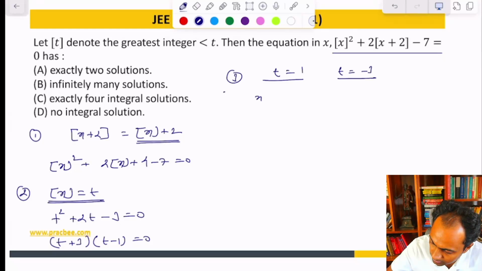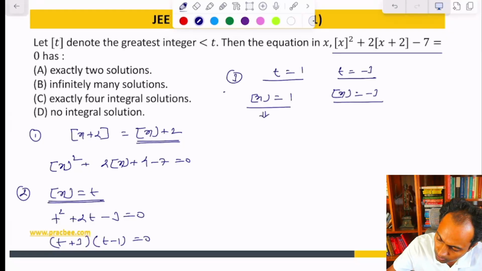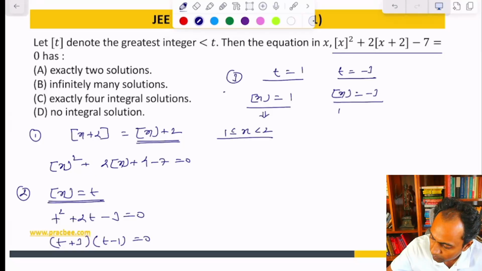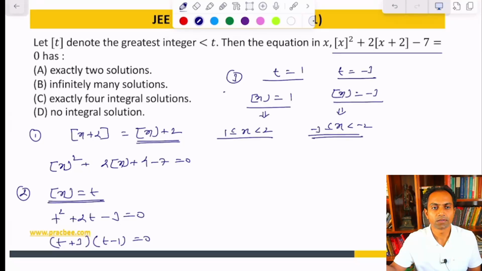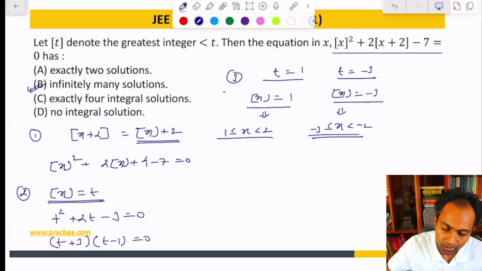So let us resubstitute the value of t. From here, the possible values of x can be between 1 and 2, and from here, the possible values of x can be between minus 3 and minus 2. So there are infinite solutions because this is a range. So option B will come out to be correct.